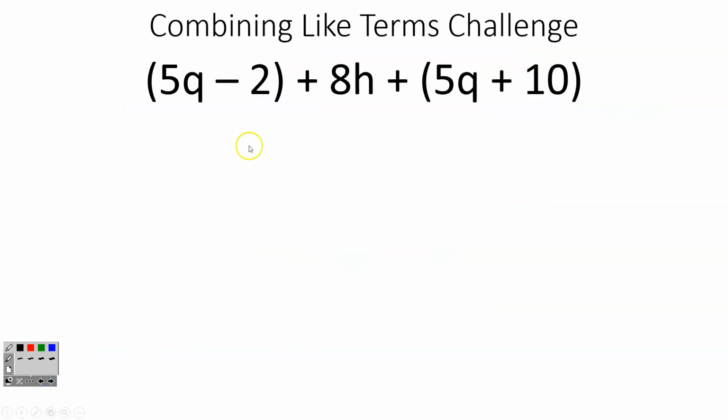Now, this next challenge problem, the parentheses tend to throw people off, but don't let it. Because they tell you do what's inside parentheses first, but if I look in here, I can't really combine this one because this one has a q for a variable, and this one doesn't. So I'm just going to go ahead and focus on combining anything that's similar.